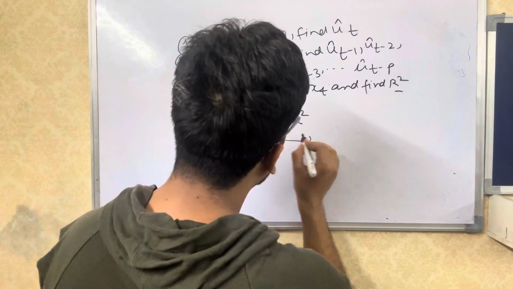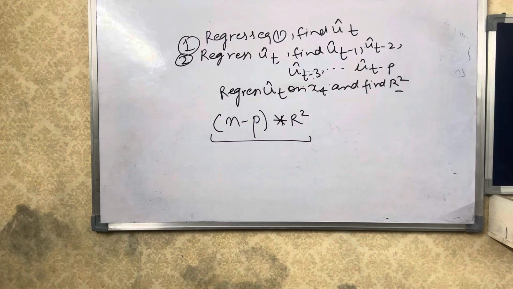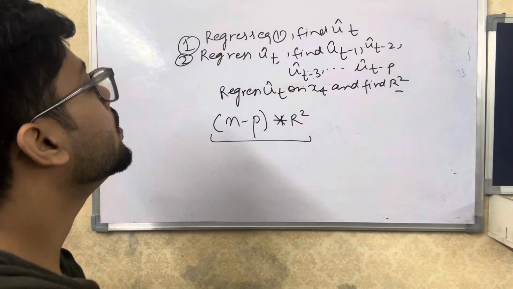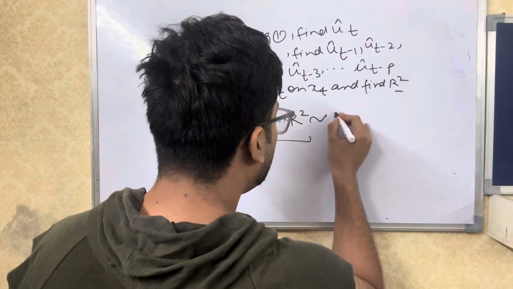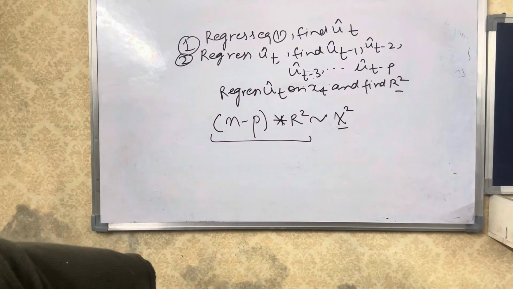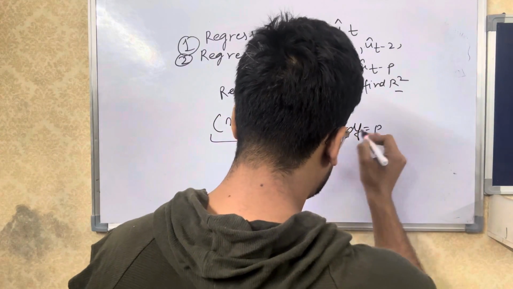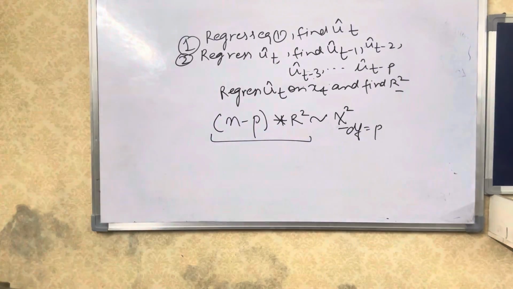This is what you need to find, where p are the number of lags and r square you can get, and this will follow a chi-square distribution with degrees of freedom equal to p.